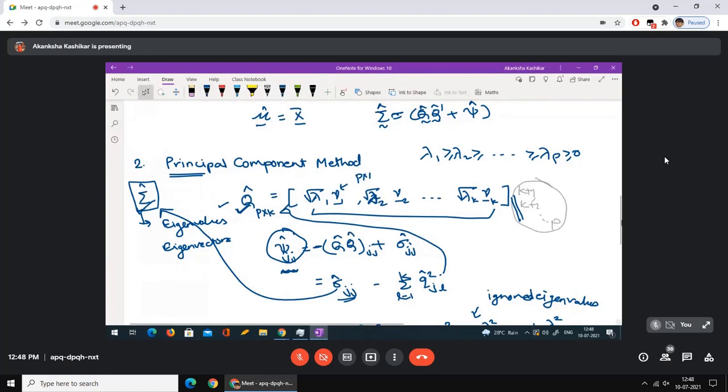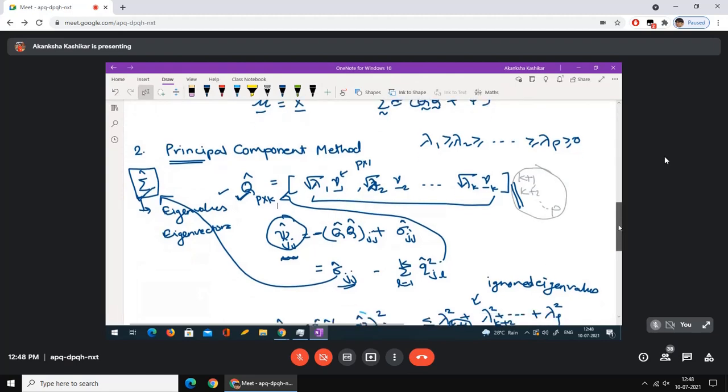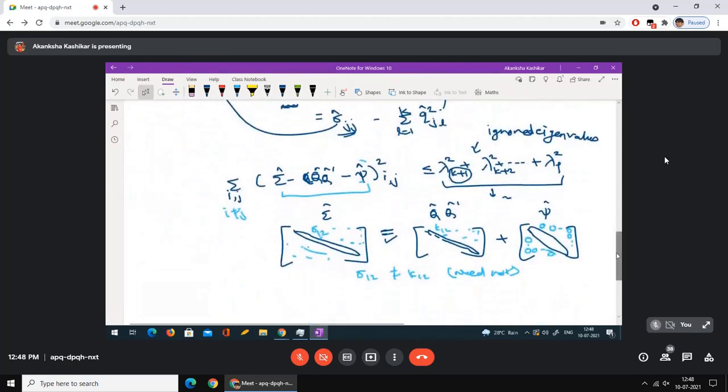Okay, and I tried to tell you in which case this approximation is all right. People have given this upper bound for error. We are not deriving it, we'll just take it to be true. So this is the error term, this is squared error.